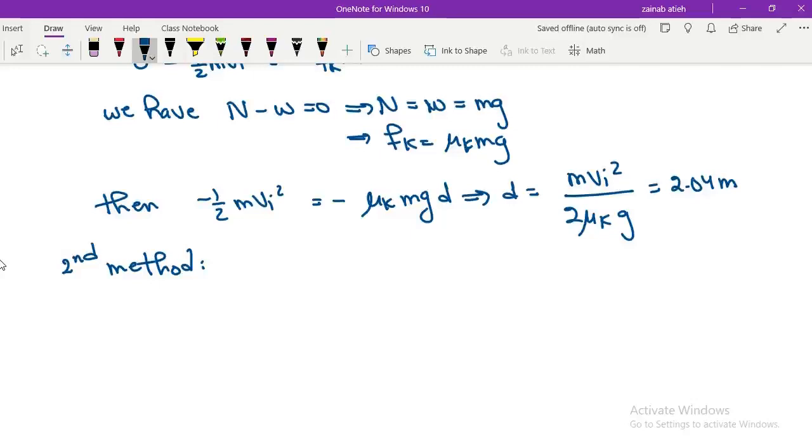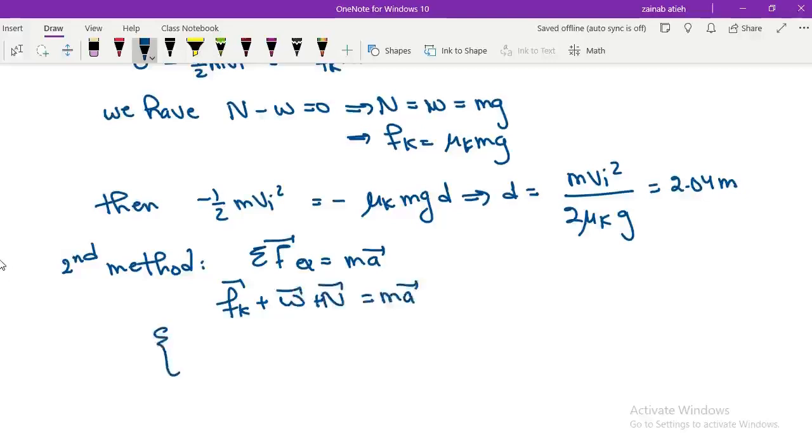So let's apply Newton's second law. The sum of the external forces on this slide equals ma. We have three forces: friction plus weight plus n equals ma. Let's project along x and along y.